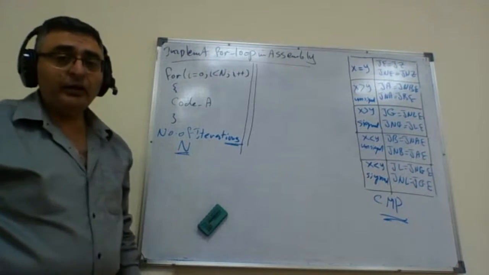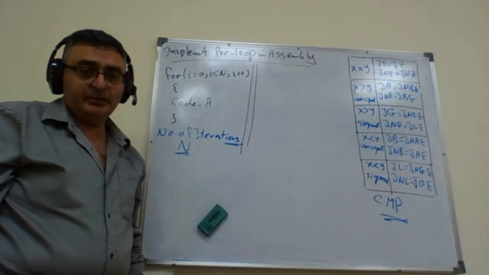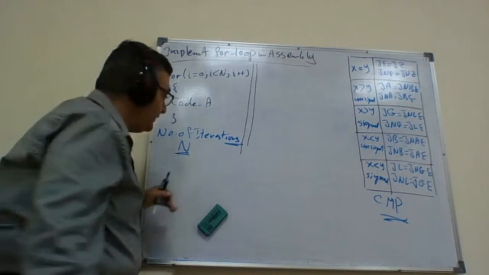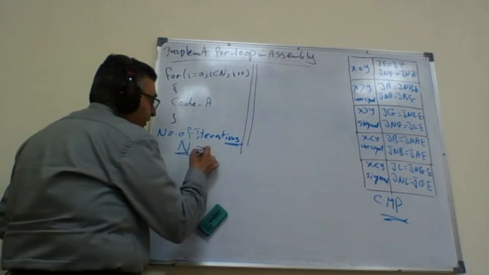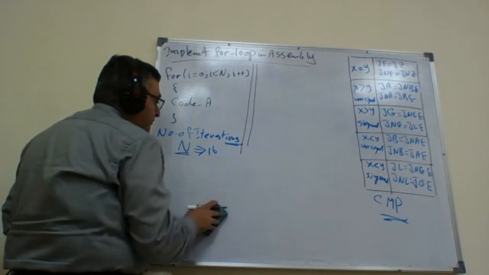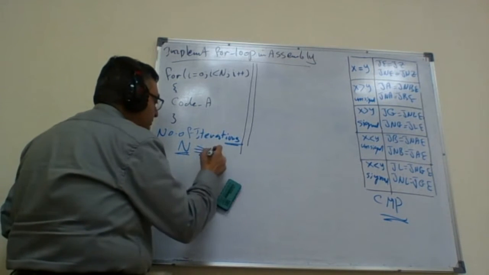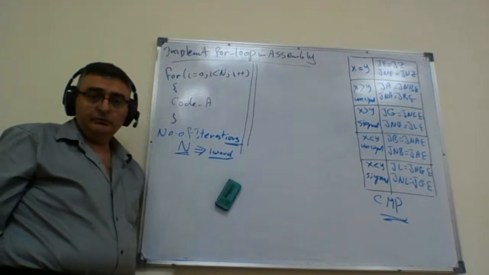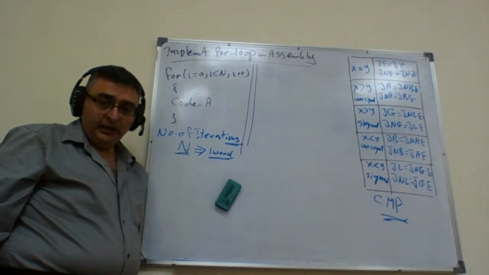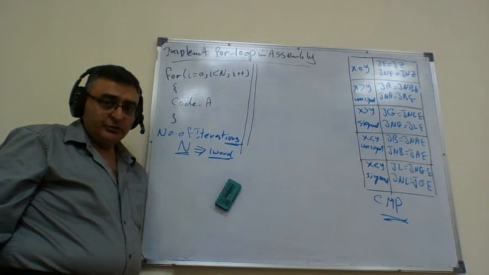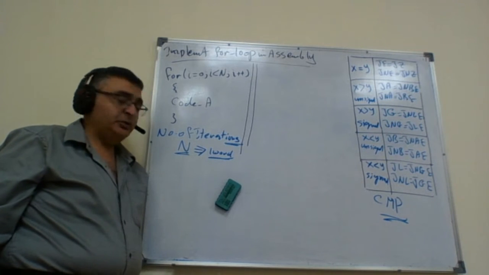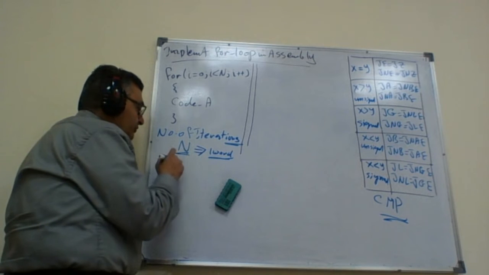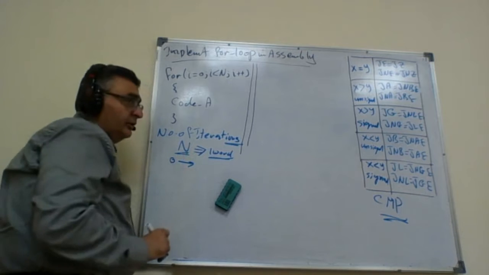So how can I implement this in my assembly language? It depends. Assume that n fits in one word. So the number of iterations goes from 0 until the maximum value of one word.